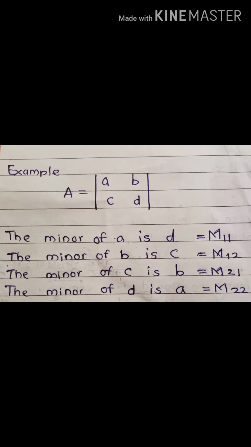Let's see what we learned in the form of an example. A is the given determinant, and we have found the minors. Minor of A is D, M11; minor of B is C, M12; the minor of C is B, M21; and the minor of D is A, M22.